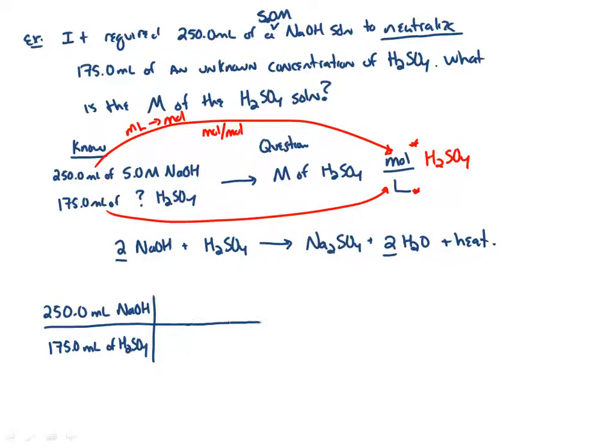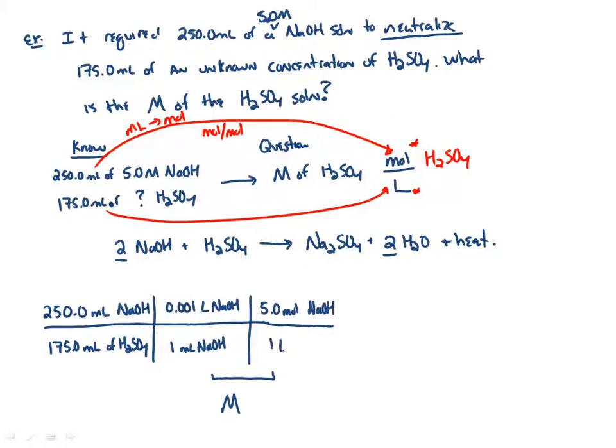I always like to do the top of the bar problem first, so I'm going to say that 1 milliliter of my NaOH solution is 0.001 liters of NaOH. And then that's going to be my molarity conversion factor to get to moles. So 5.0 moles of NaOH is 1 liter of NaOH.